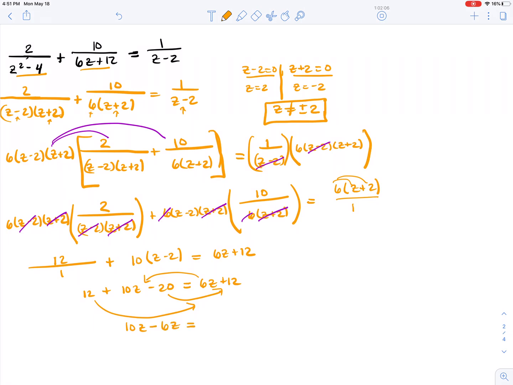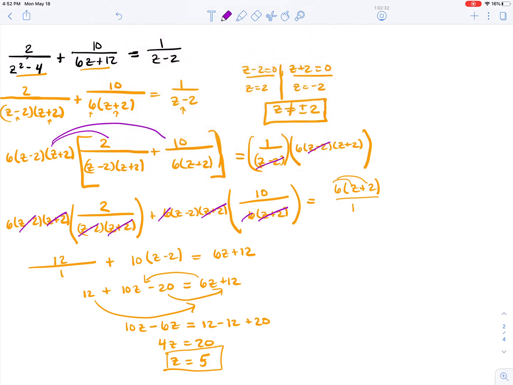And the reason I'm doing it that way is because I want positive z's, just to make my life easier. And then I have 12 minus 12 plus 20. So 4z equals 20, z equals 5. Well, z equals 5 does not equal my non-permissibles, so I'm good there.